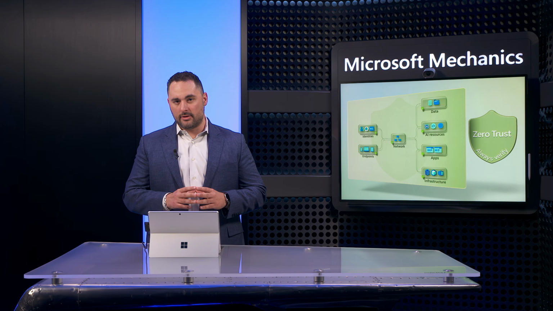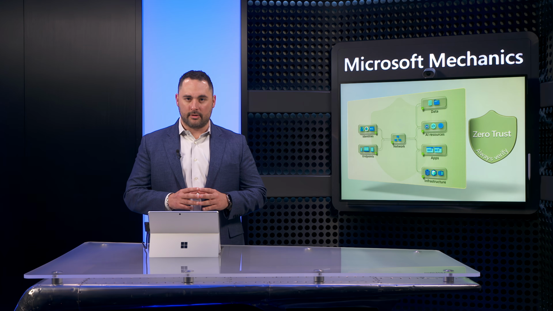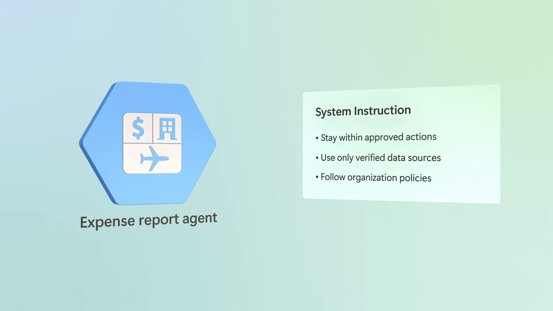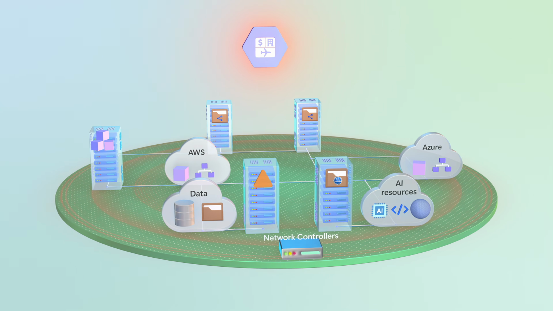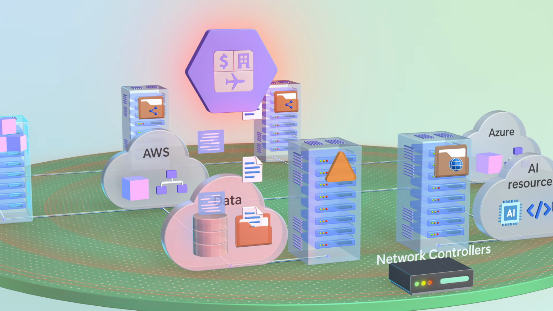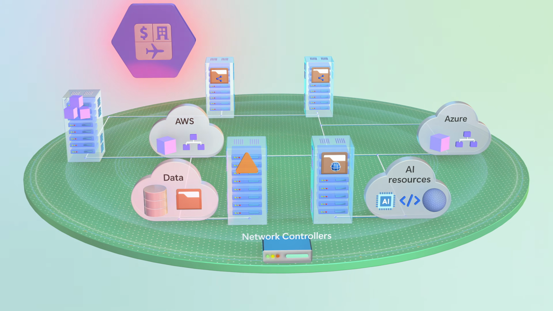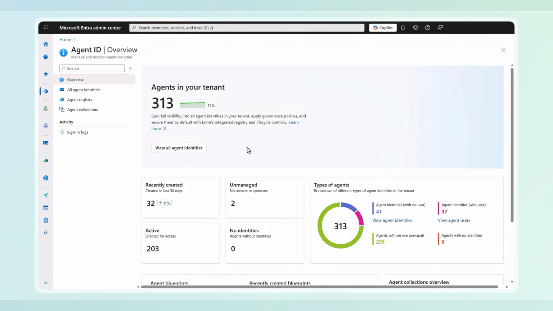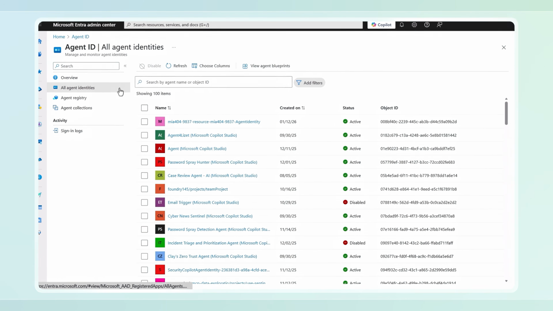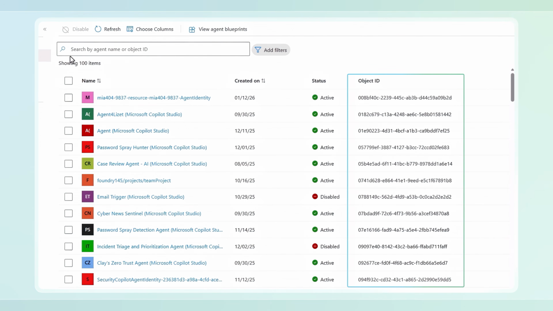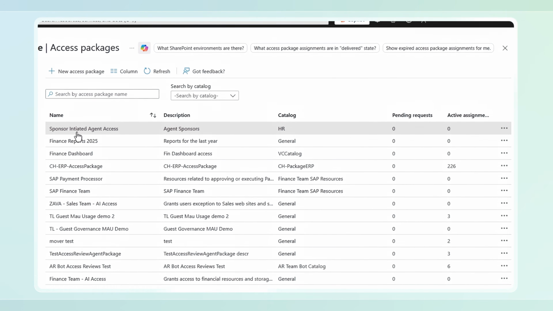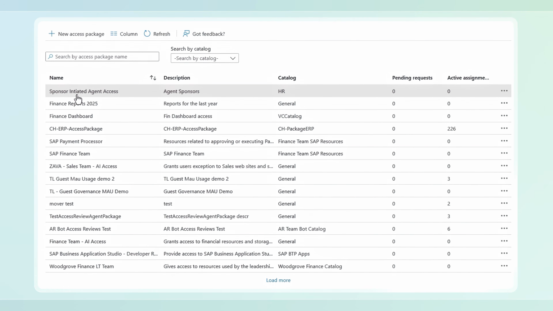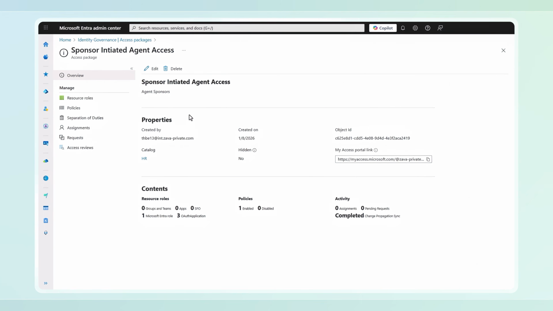Non-human identities like agents, on the other hand, don't fall for phishing, but they're still vulnerable. They can be hijacked through user or agent interactions, and if they have broad access, a single misconfiguration or excess permissions can open the door to major breaches. Here, the new Entra Agent ID gives each AI agent its own unique, manageable identity, letting you apply the same visibility, governance, and zero trust controls you use for human users, but now for non-human actors too.